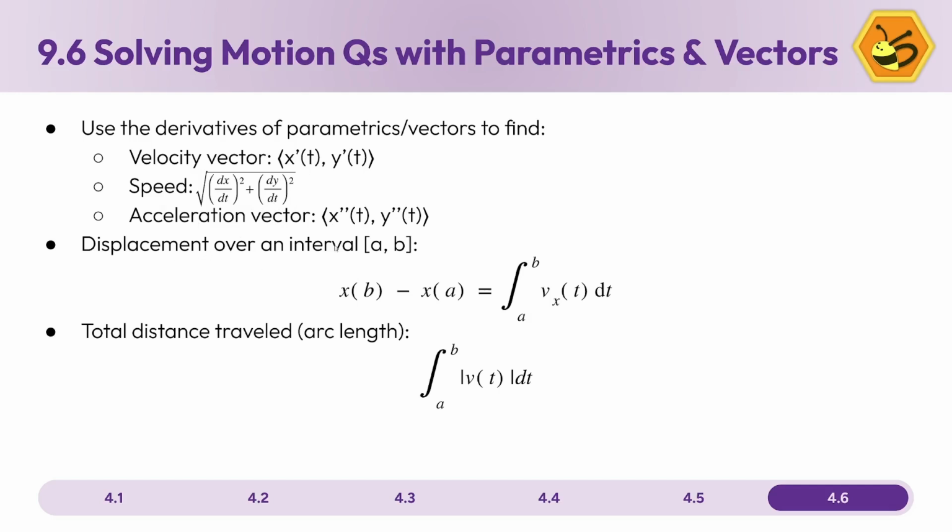For displacement, we can either subtract the initial position from the final position, or take the integral of our velocities. For the vector form, we would do this for x at first and then for y. And then again, remember our arc length is this formula.